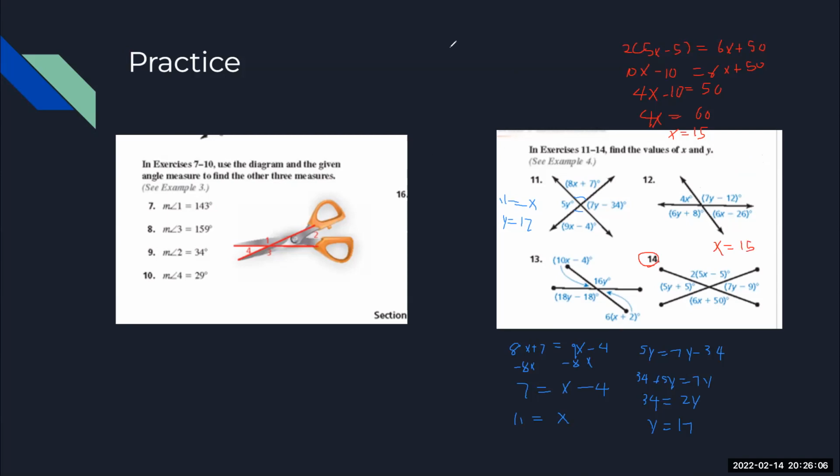If you want to solve for y, you once again set 5y plus 5 is equal to 7y minus 9. So 5 equals 2y minus 9. 14 is equal to 2y, y equals 7.